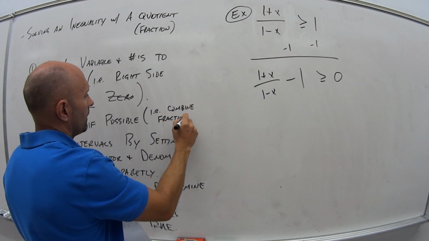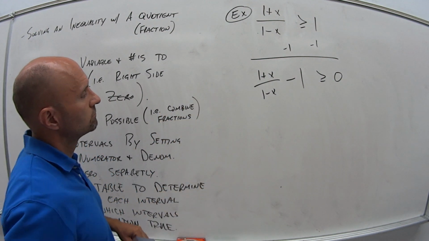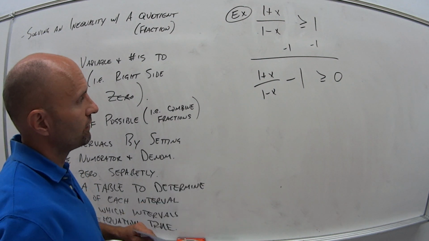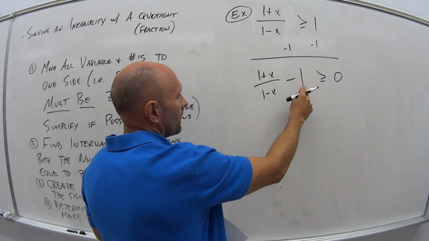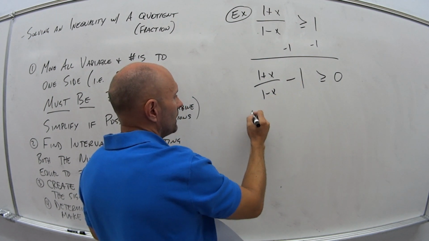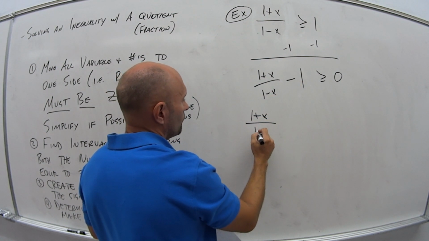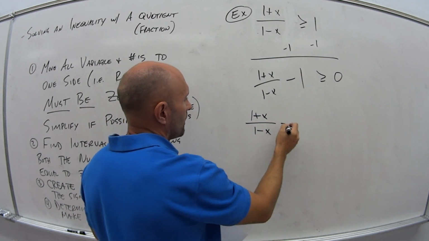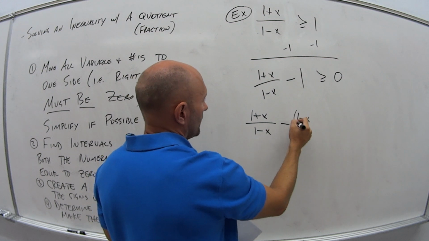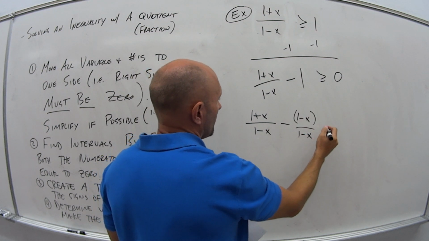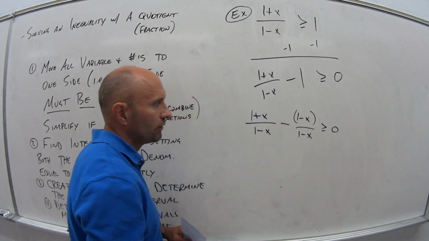To combine these two, I have to have the same denominator. So I have 1 plus x over 1 minus x, minus 1 minus x over 1 minus x, is greater than or equal to 0 still.